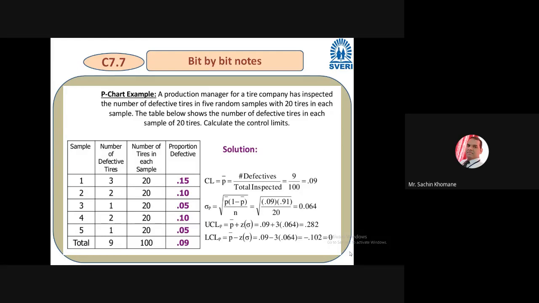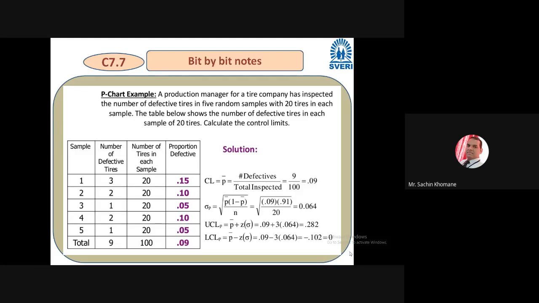Once a lot came, he takes 20 and checks the defective tires in that lot. The table below shows the number of defective tires in each sample of 20 tires. Calculate the control limits. Once you have the upper control limit and lower control limit, you can easily draw the control chart. So after calculation of control limits, you have to draw it. This is the example of a P chart.